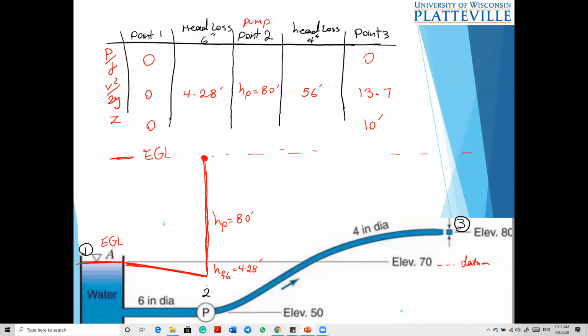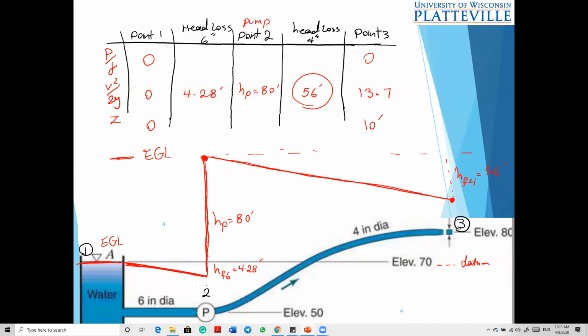But if I have head loss, I have a drop, right? What is this drop? It's 56 feet because of head loss in the 4-inch diameter pipe. So I have a huge drop here, head loss due to the 4-inch, which is 56 feet. All right, so I get to this point.